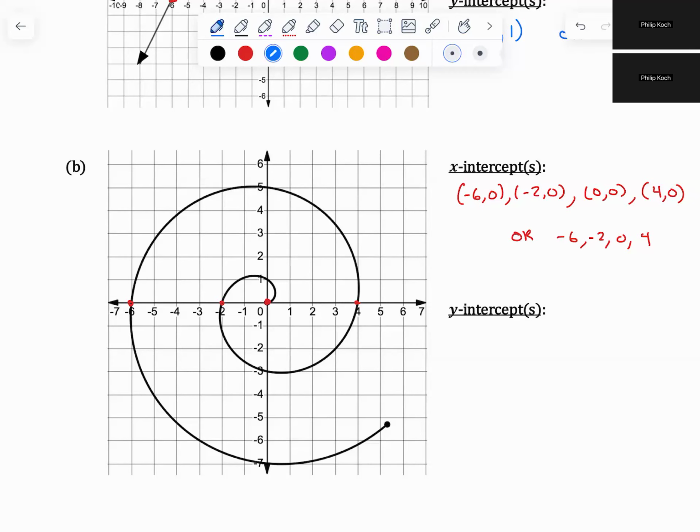Y-intercepts, similar situation: -7, -3, 0, 1, and 5.